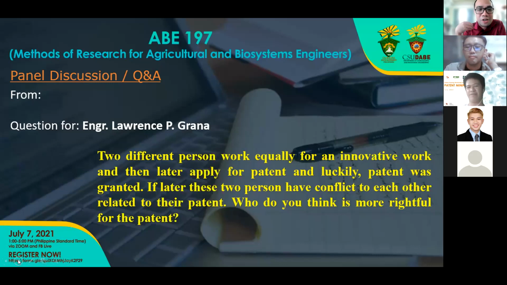For example, the three of us, Kenneth and Lawrence, own the patent, and we say Lawrence is the project leader, so he gets 60% and the rest 40%.